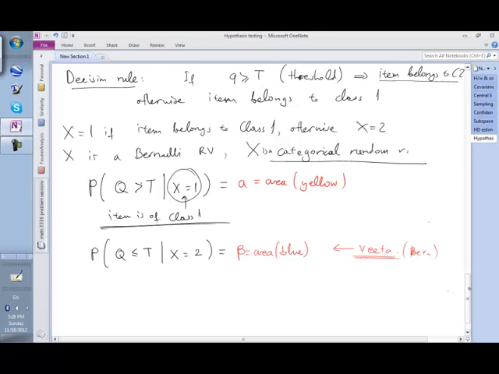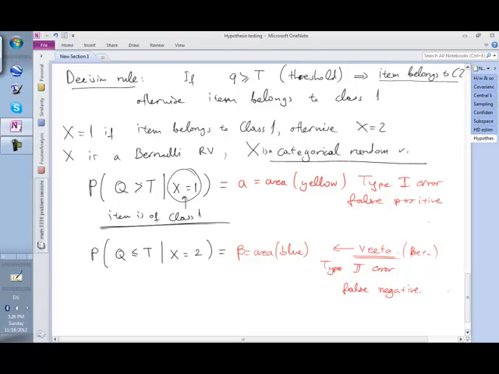So these probabilities, this is a type 1 error, and this is a type 2 error. And if you associate this with false positive, then this definitely is associated with false negative.